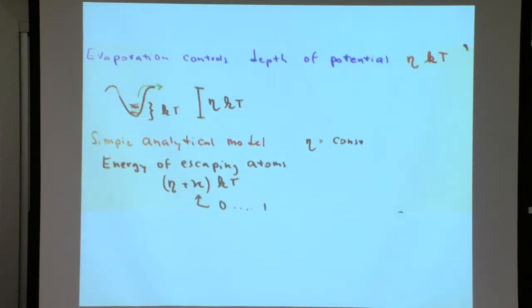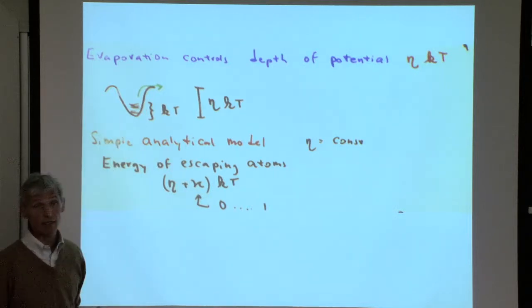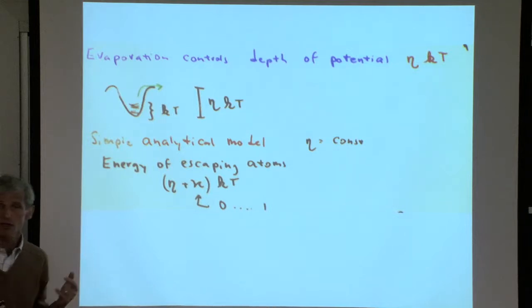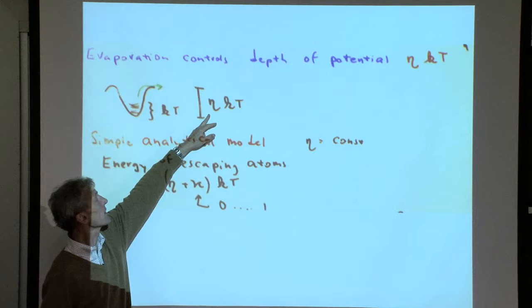Remember, alpha told us how much we lower temperature or energy when we lose a number of atoms. So all we have to figure out is, when we evaporate an atom, how much energy does it take with it? Alpha will be determined by what some people call the knife edge.